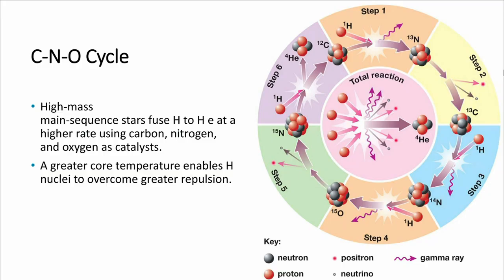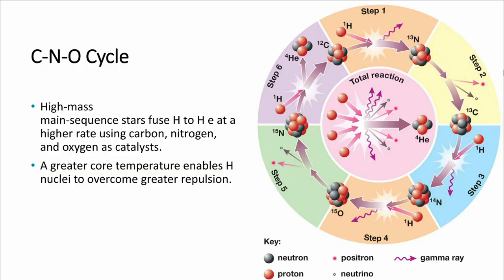That nitrogen 13 is not stable, so it's going to decay and give off a neutrino and a positron. And now that decay results in carbon 13. That carbon 13 fuses with a hydrogen, and you get a gamma ray out, and nitrogen 14. That nitrogen 14 fuses with hydrogen, you get a gamma ray out, and oxygen 15.